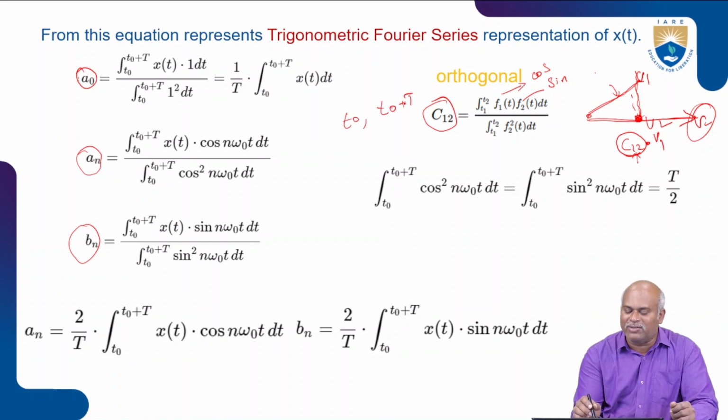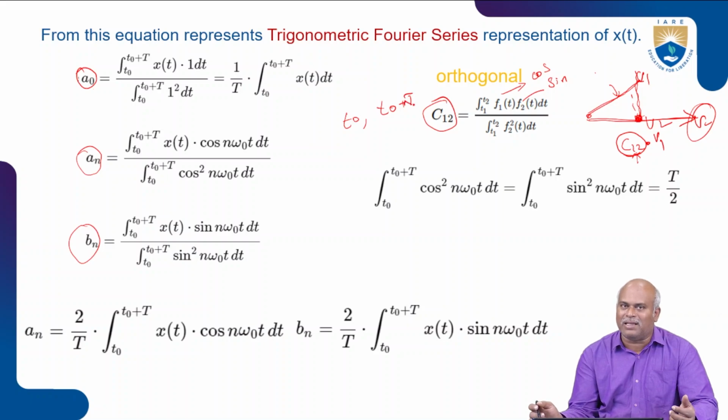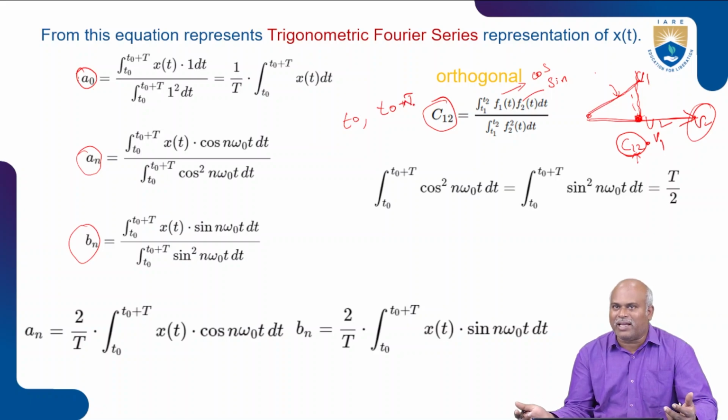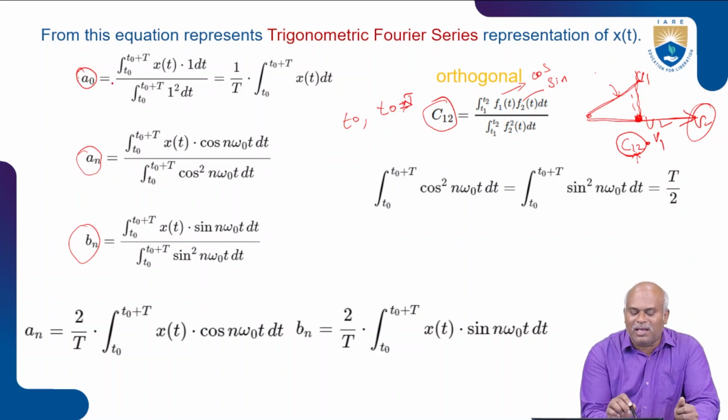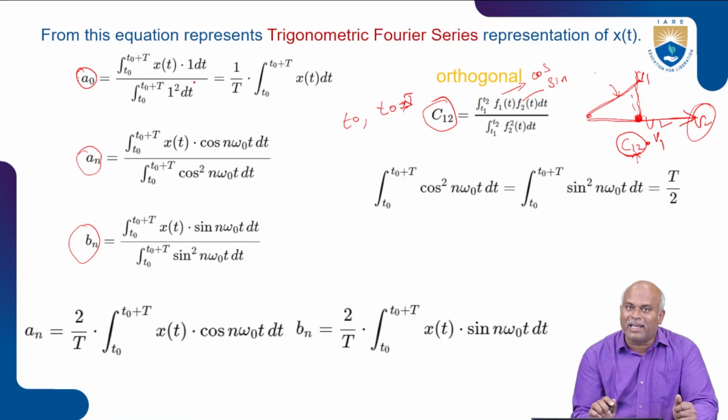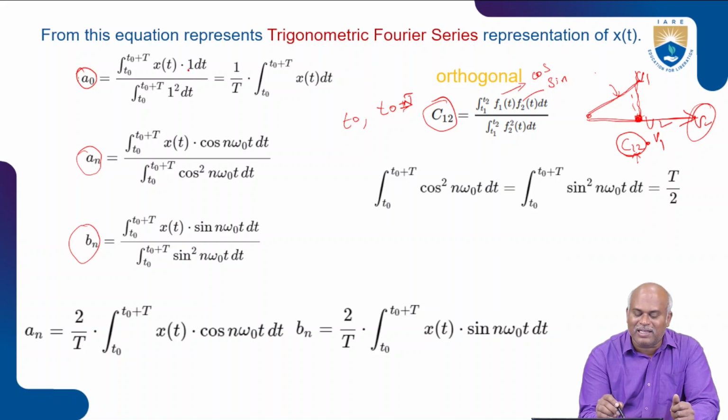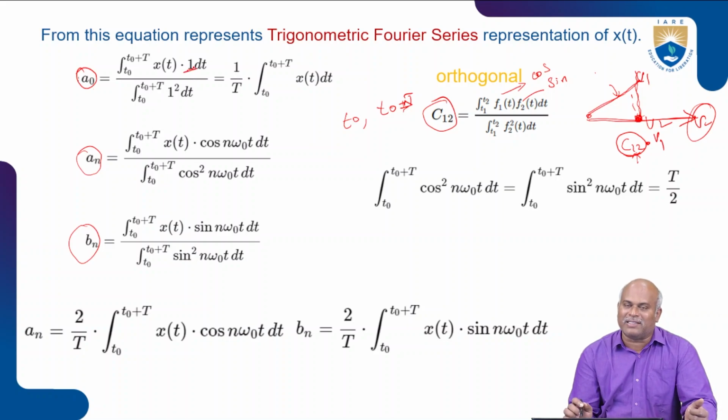Here we use n for how many periods we need, so you can utilize n as 1, 2, 3, 4, 5, 6 like that. Now the Fourier series coefficient as an orthogonal function is the integration over the interval t0 to t0 plus T of x of t, then the other signal is a cos or sin term.